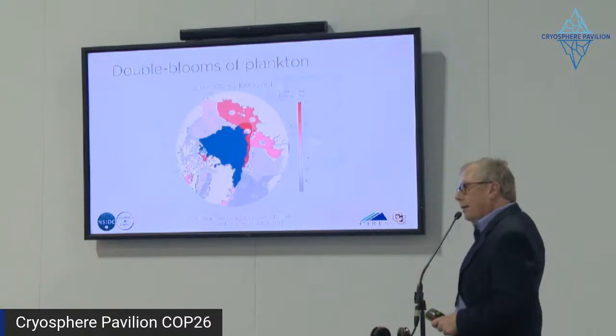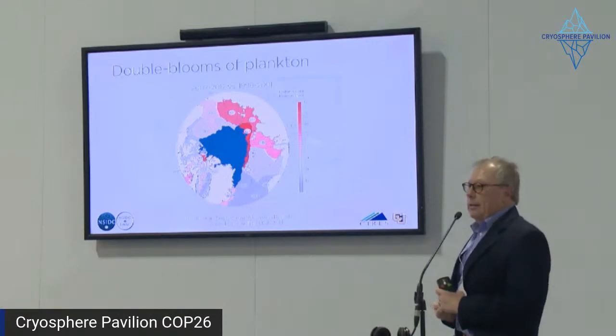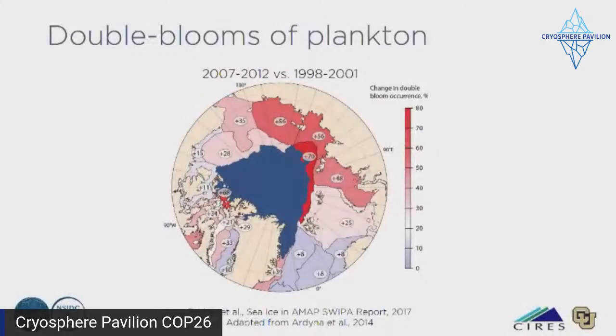In terms of plankton, one of the things with the ice loss is you have more open water, thinner ice cover. So even under ice blooms, as was talked about, can increase. And there is evidence of that. This is from the AMAP Snow, Water, Ice, Permafrost in the Arctic, or SWIPA report back in 2017 I was a part of.